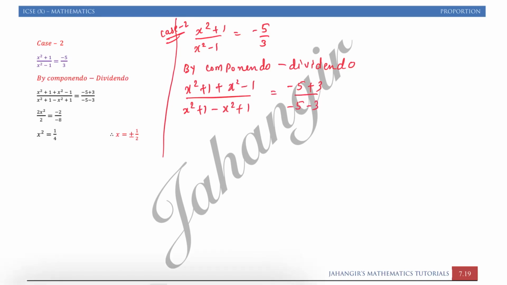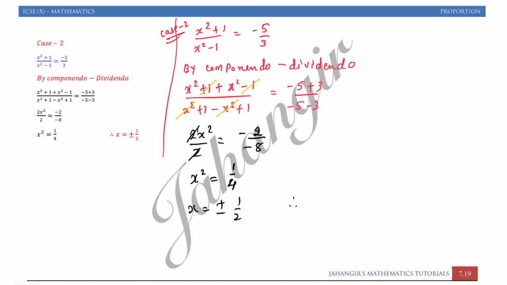We can cancel out terms: plus 1 minus 1 will get cancelled, and x square and x square will get cancelled. So we will get 2x^2/2 = -2/-8. Cancelling 2, you will get x^2 = 1/4. So x is equal to plus minus 1/2.